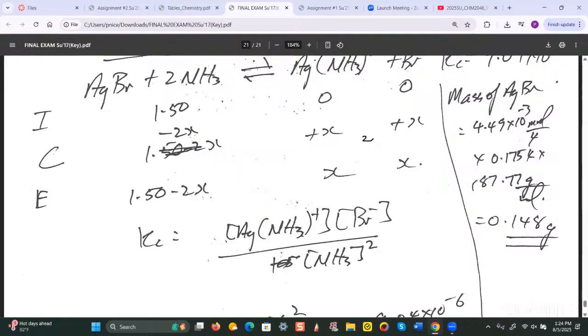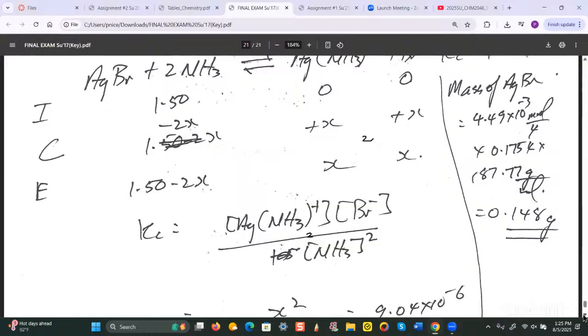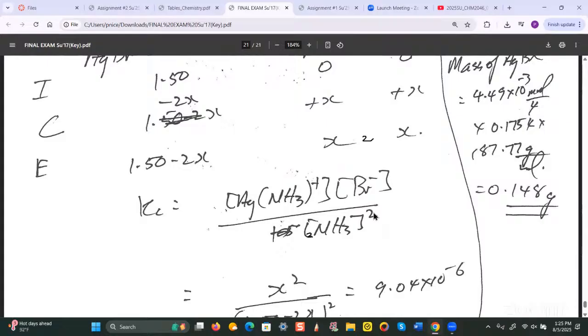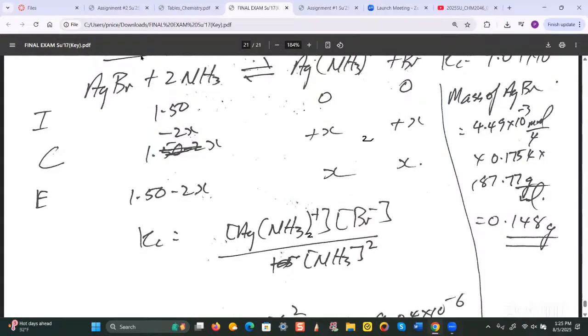And I'm making the same mistake here again. This should be a 2 right here. And of course, the ammonia is squared here because we have the coefficient of 2 right here, all right?